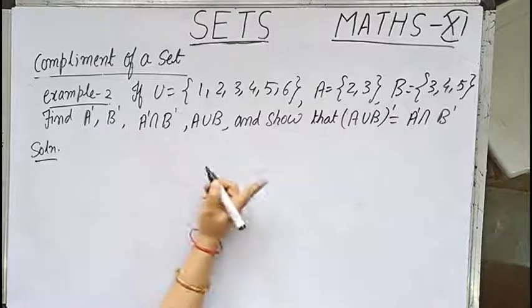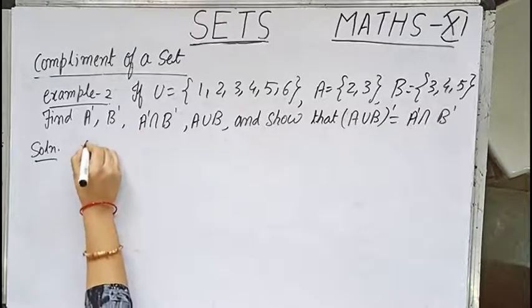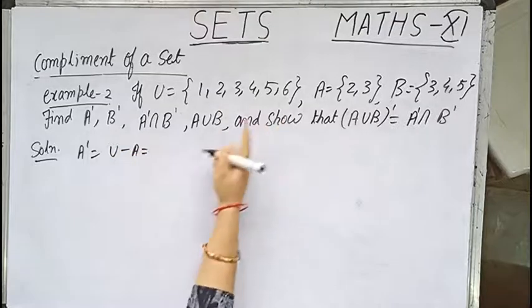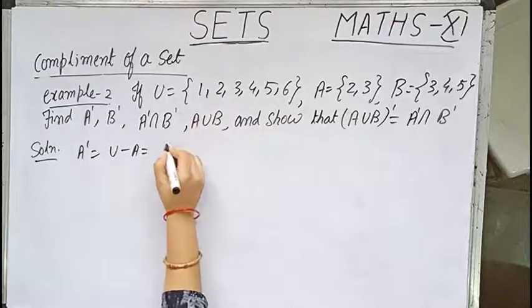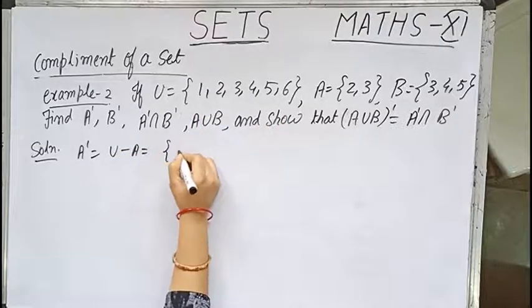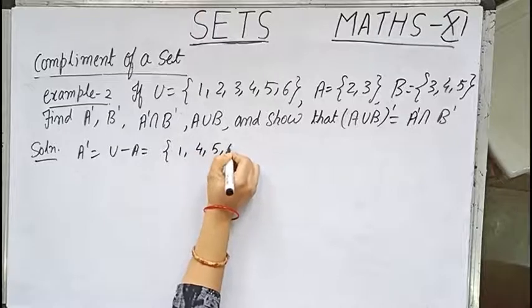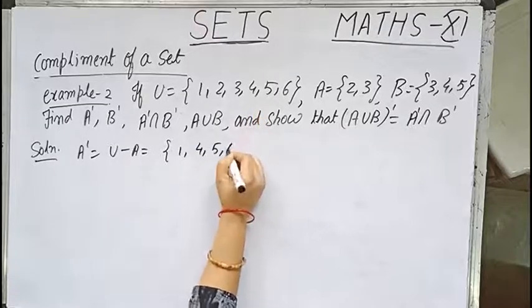So let us start with first, A complement equals U minus A. So over here U minus A will be equal to 1, then 2 and 3 are there in set A, so 1, 4, 5 and 6.